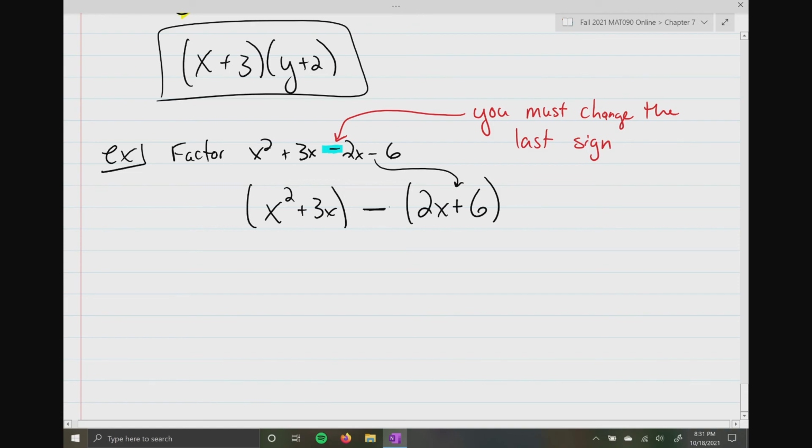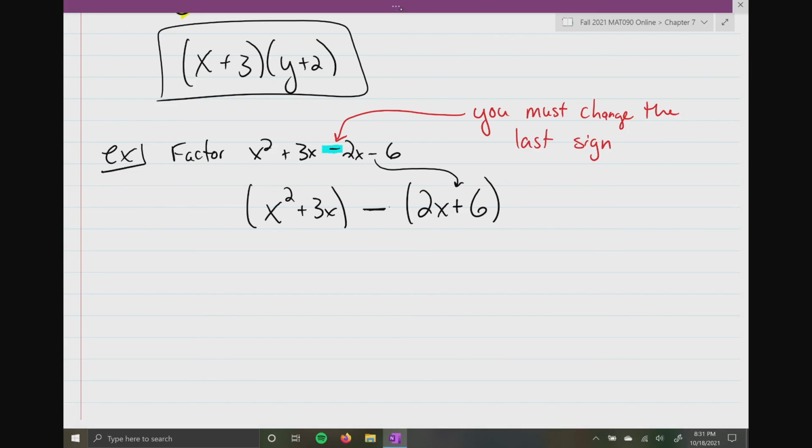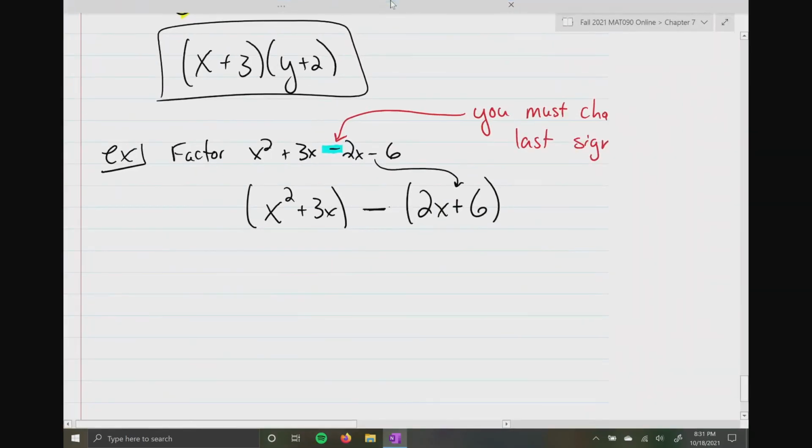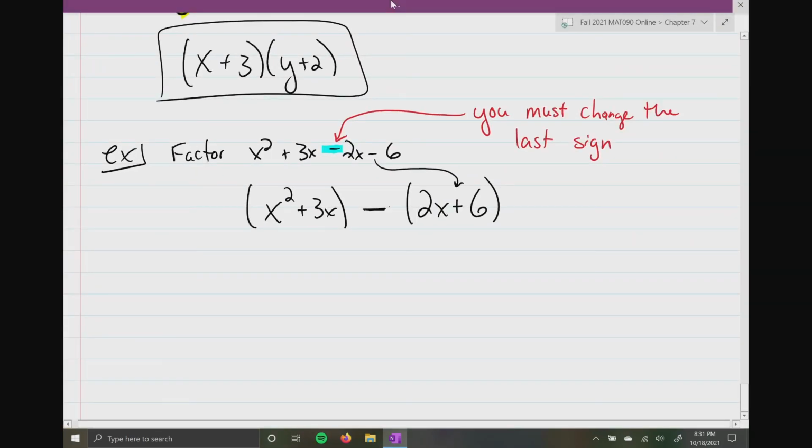And the reason for this is if I were to distribute this negative sign, I have to get the original problem. A negative times 2x is going to be negative 2x. And then a negative times a positive 6 is a negative 6. So you got to be extremely careful with this. If that middle sign is negative, the second sign has to change.